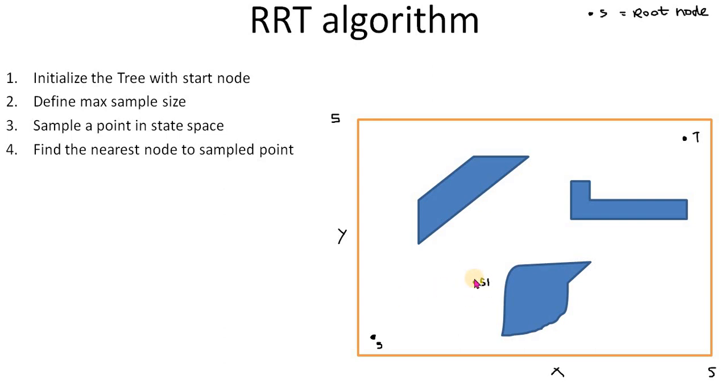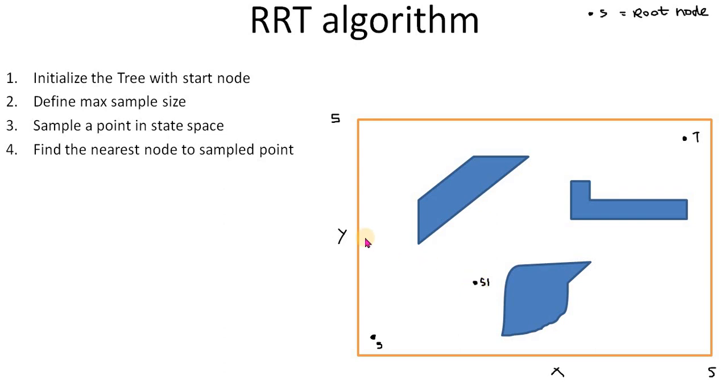So this is our sample point, and the nearest node to this is S. There is also one node T, but you can say that either it's not nearest, or it's not within the specific radius where we search for the nearest node.